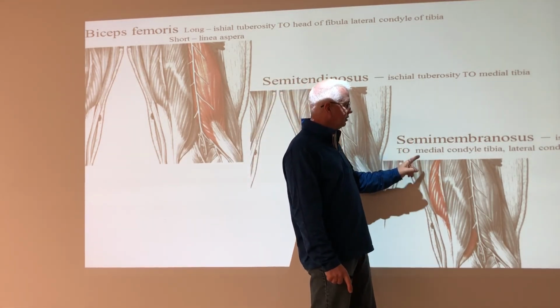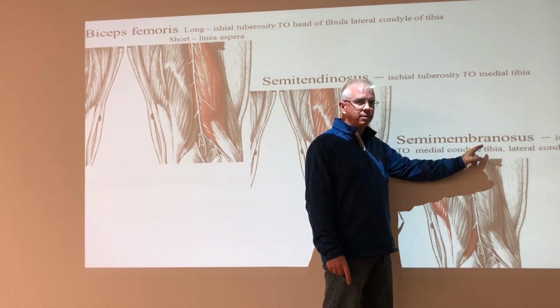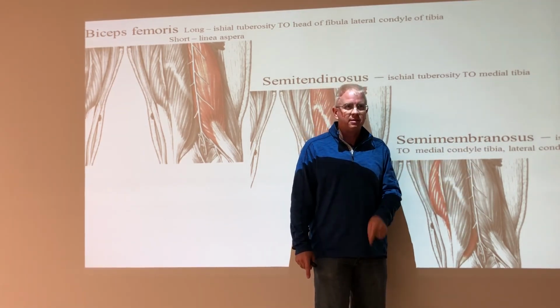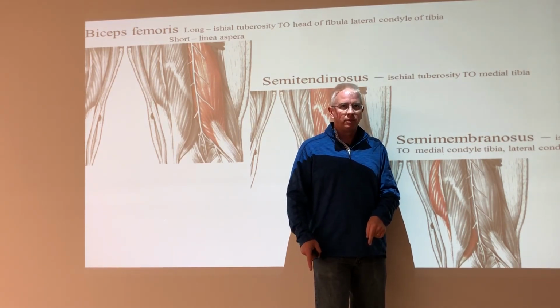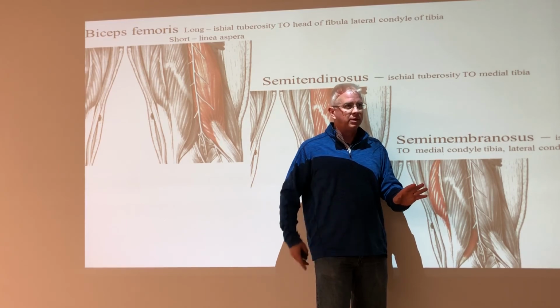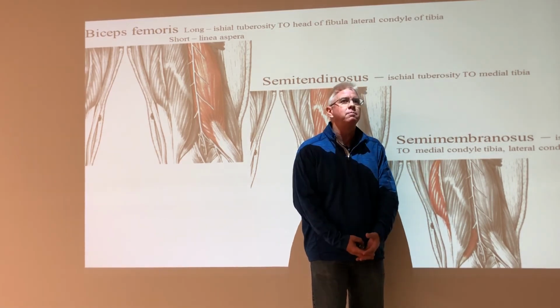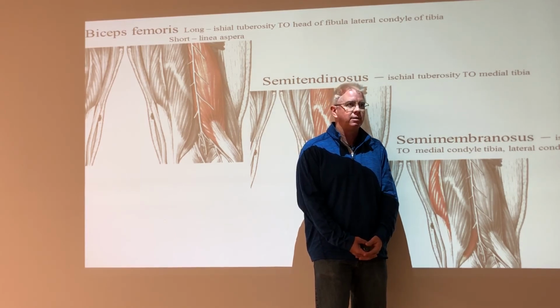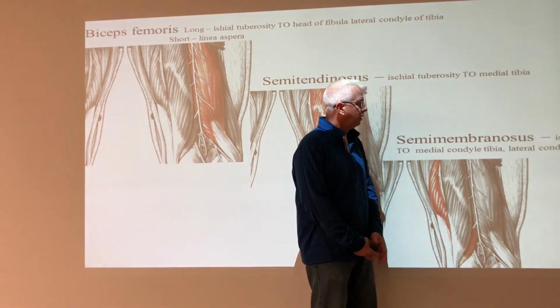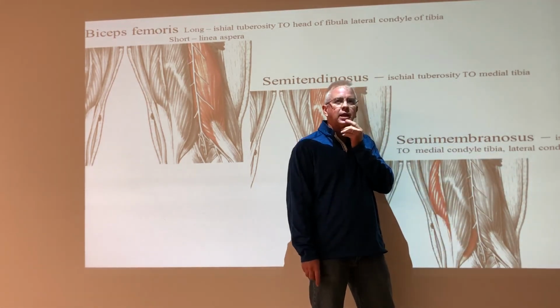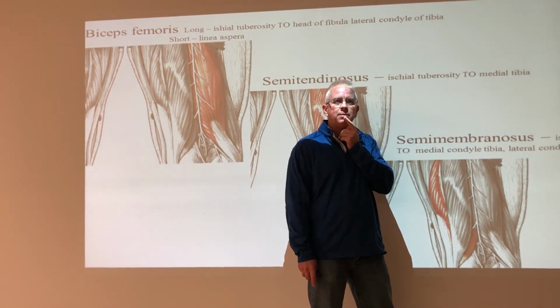This muscle attaches to the medial condyle of the tibia. Fine. The tibia is the medial bone, right? The fibula is the lateral bone. No problem. From the ischial tuberosity, this big massive muscle all the way down to the medial condyle of the tibia. No problem. But it also has an attachment on the lateral condyle of the femur.